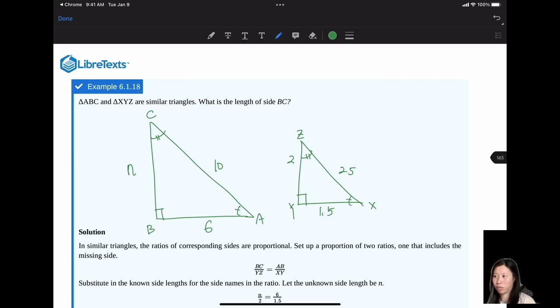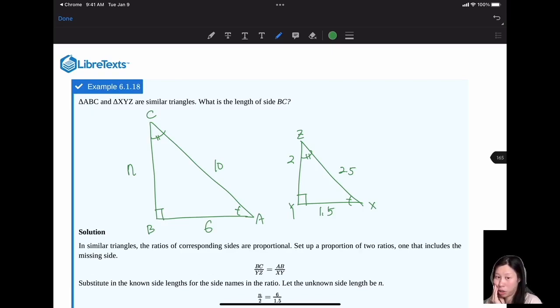This is given. So by the given information, we know that, hey, the corresponding angles are equal to each other because you can see this hash mark. And now they want you to find n, the length of BC.